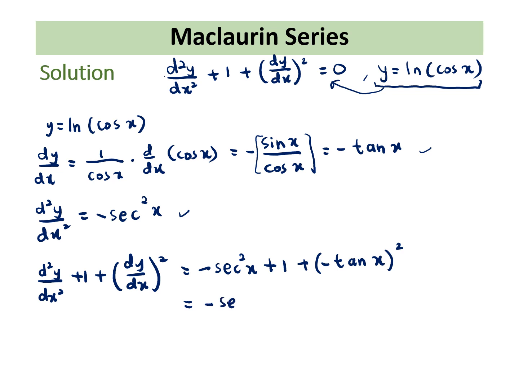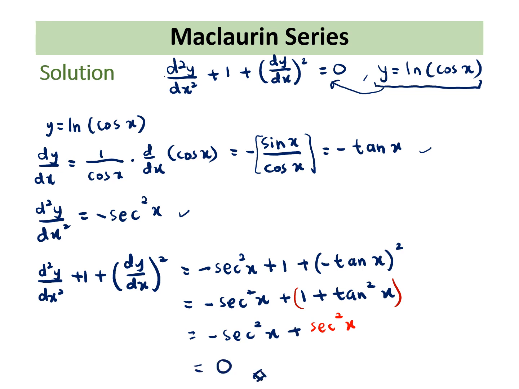So here we have negative secant squared x plus 1 plus tangent squared x. 1 plus tangent squared x can be represented as secant squared x. So negative secant squared x plus secant squared x equals 0. So it is shown that y satisfies this equation.